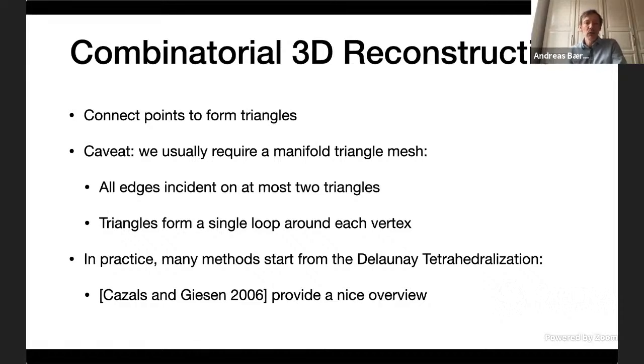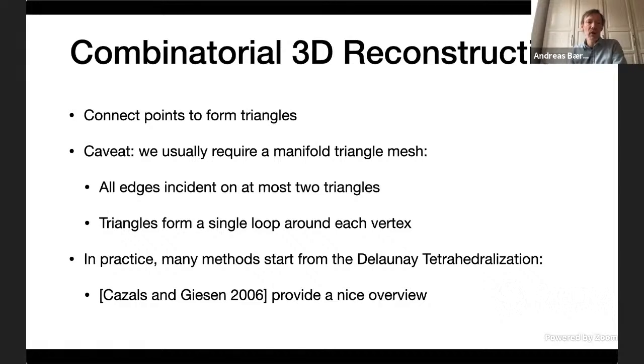So if you're inside a surface, the edge should be incident on 2 triangles, and at a boundary, the edge should be a boundary edge and incident on only 1 triangle. Also, the triangles should form a single loop around each vertex, meaning that if you have 2 pyramids that share an apex, this is not allowed. This is not a manifold configuration.